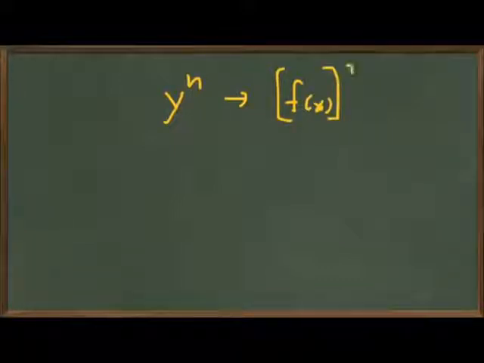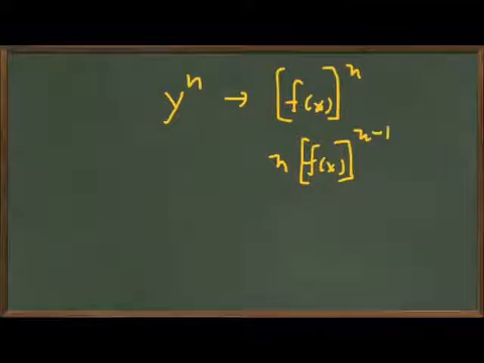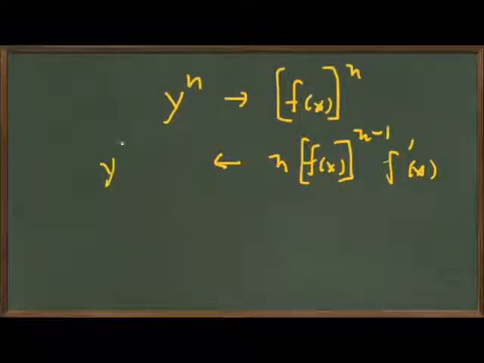We actually want to generalize it a little bit and note that when we take a y to the n term, we're going to rewrite it as an f of x to the n term, and then when we differentiate that, we're going to get n f of x to the n minus 1 times f prime of x, which is by the chain rule, and then we're going to rewrite that, back in the y notation, as n y to the n minus 1 y prime.